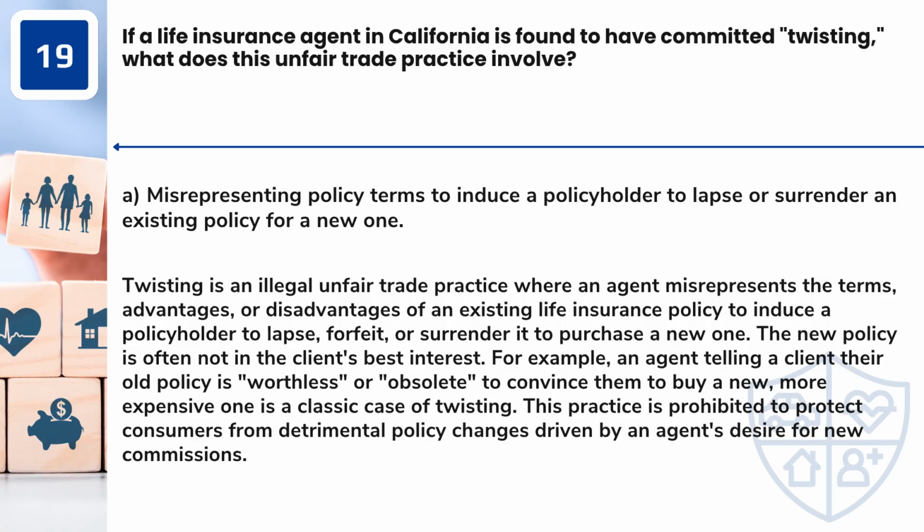The new policy is often not in the client's best interest. For example, an agent telling a client their old policy is worthless or obsolete to convince them to buy a new, more expensive one is a classic case of twisting. This practice is prohibited to protect consumers from detrimental policy changes driven by an agent's desire for new commissions.